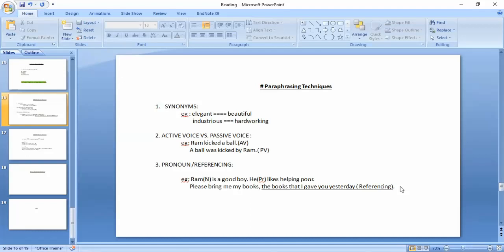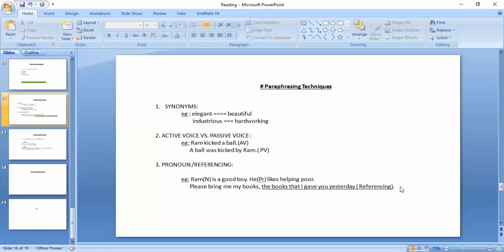So try to understand the meaning of these words, and try to identify whether these two words are same or different in both the listening as well as reading sections.